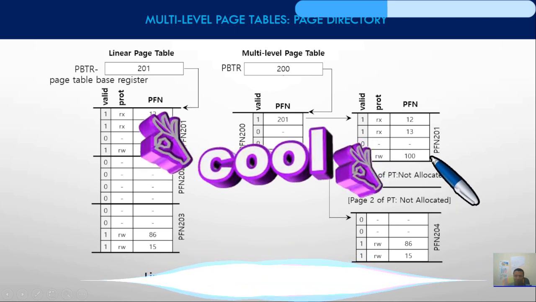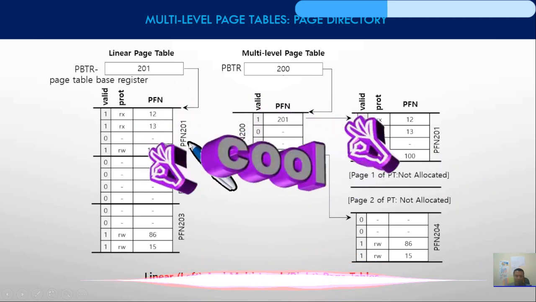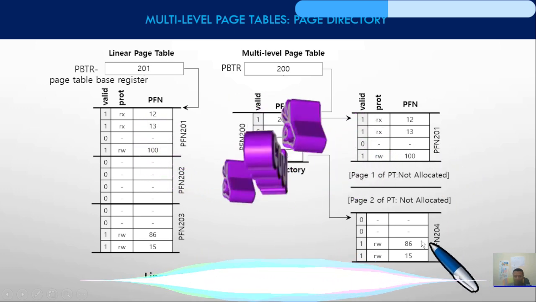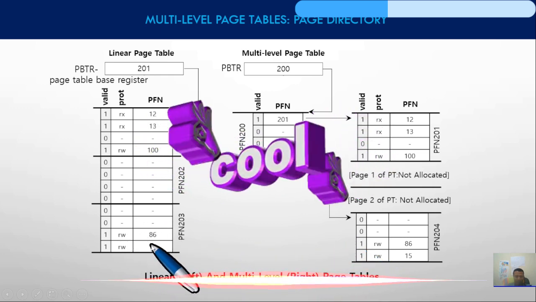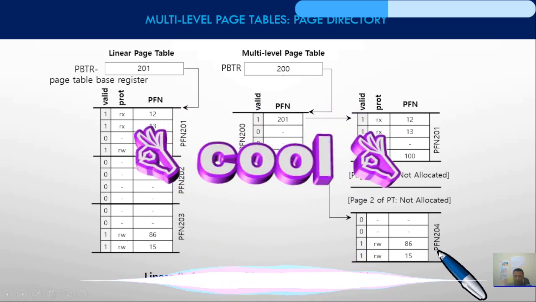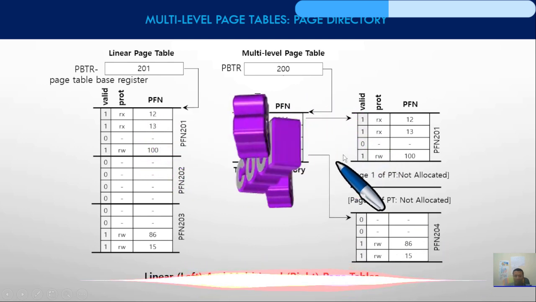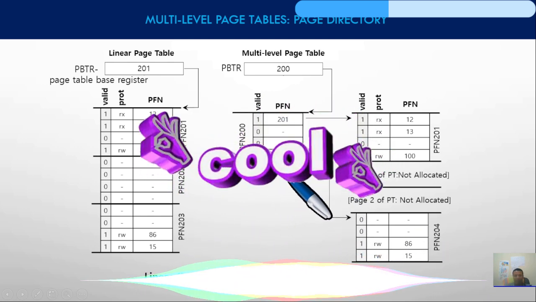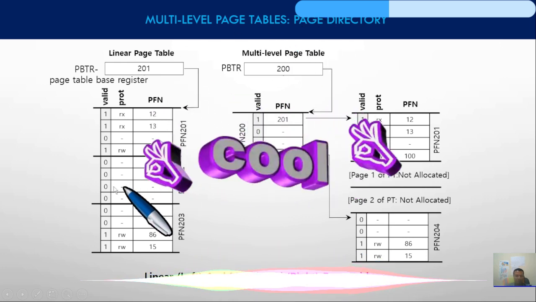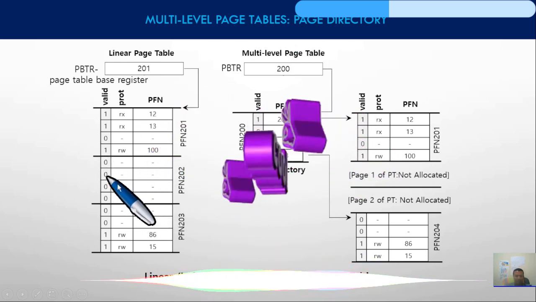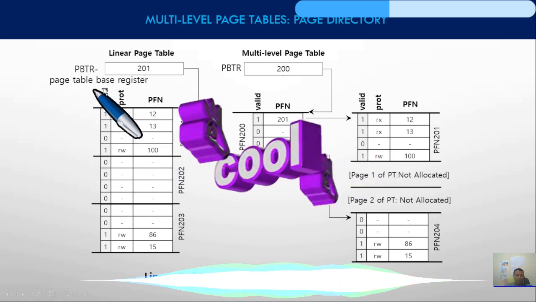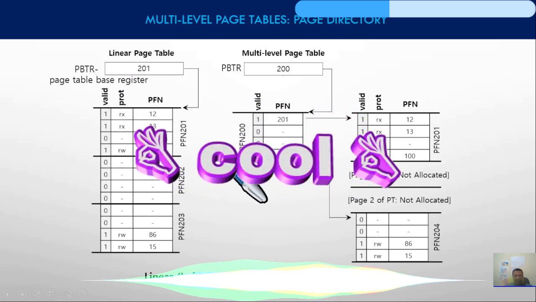As you can see, we have page table 201 here, and we also have the page frame number. In this way, the page directory concept will remove the invalid parts from our linear page table.